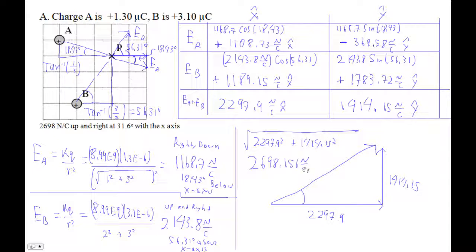Totally don't have that many. We have like 3 sig figs, right? So this should really be 2700 or something like that. I just wrote the sig figs because people want to know. That's the magnitude of it, right?